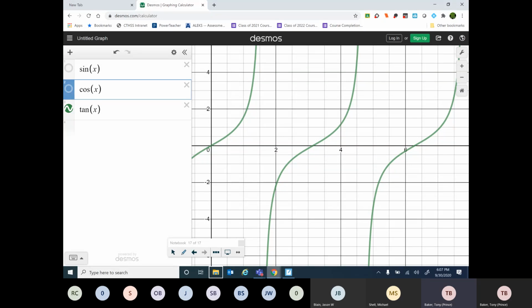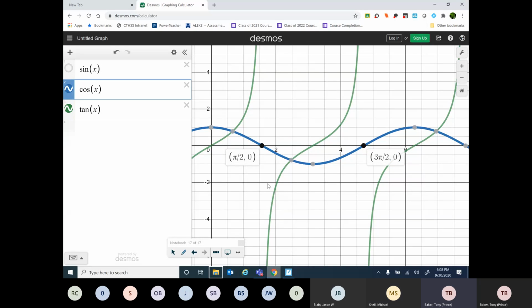If you remember from the last lesson, tangent is y over x, or sine over cosine. So where cosine is 0, my tangent doesn't work. If we turn back on the cosine, you'll notice where cosine equals 0: right here, and there.